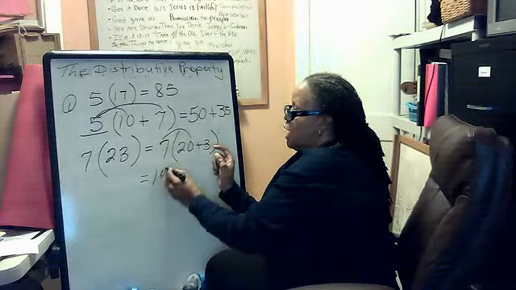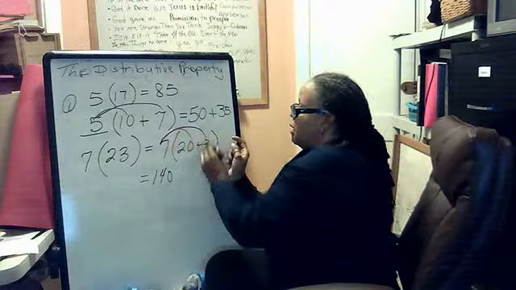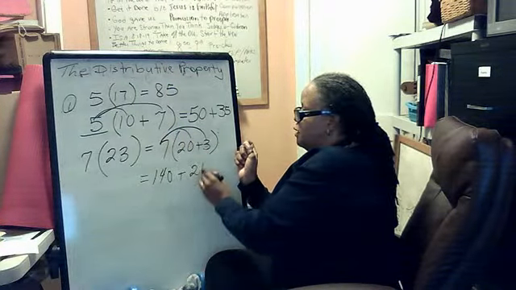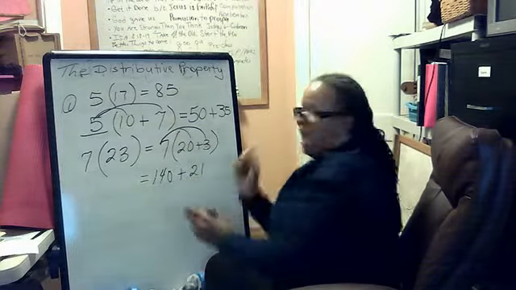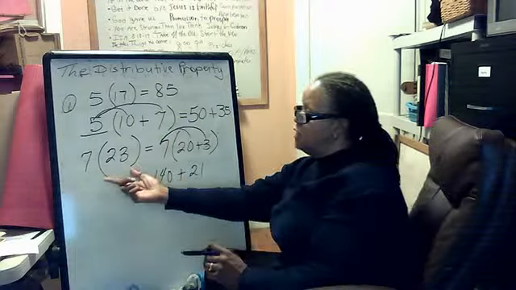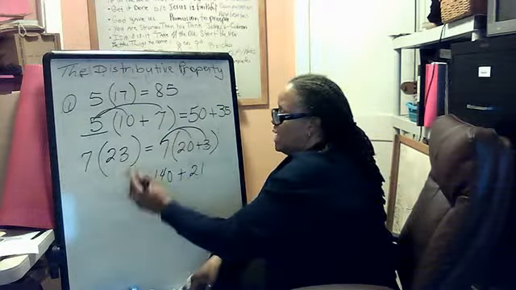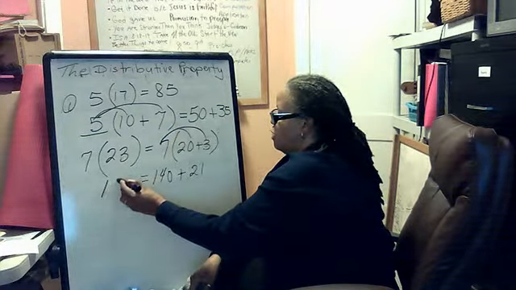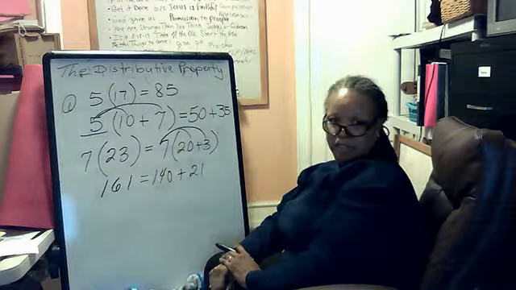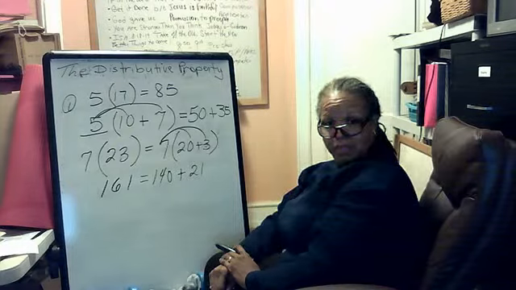So it's 140. Plus 7 times 3, which is 21. Now we can figure out very quickly, without mistake, 7 times 23 is actually equal to 161. Is the final answer, without mistake.